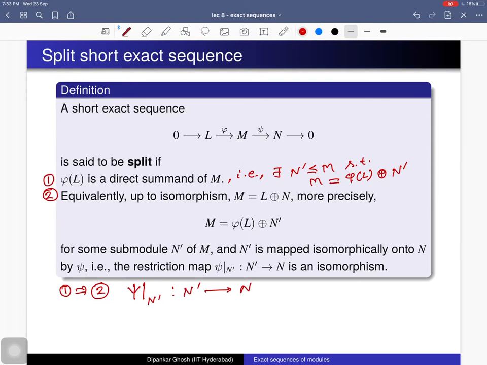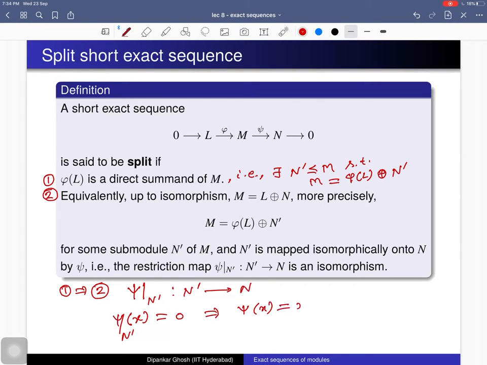Since it is the restriction of an R-linear map, it is R-linear anyway, so we just need to prove that this map is bijective. So, you consider an element in the kernel. Let us say psi of x is 0, since this is just the restriction map.